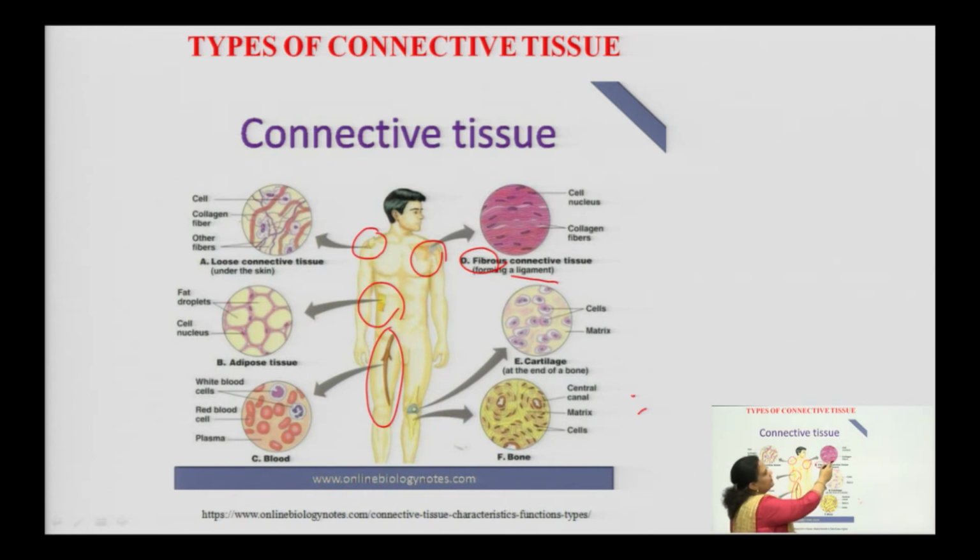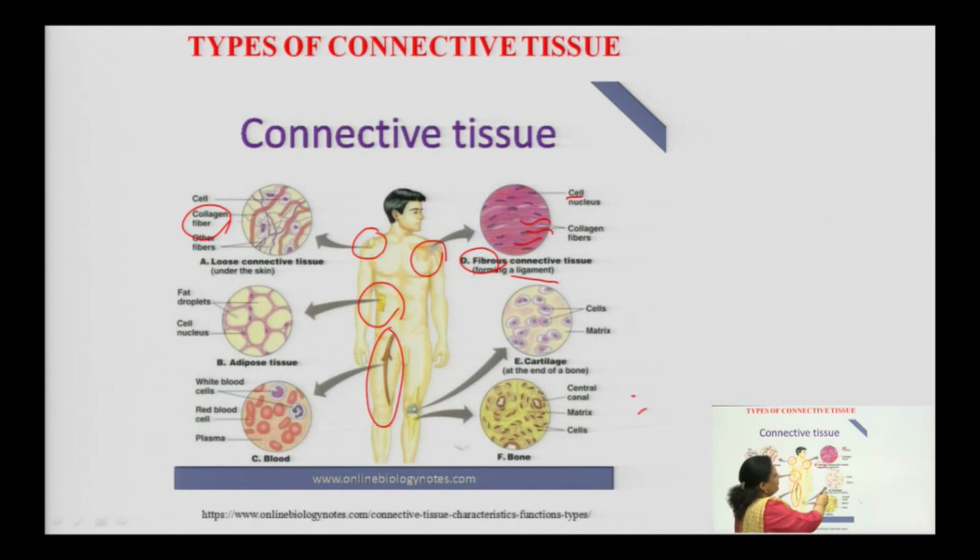See the diagram, students. The fibrous connective tissue is composed of the same cells, as in every tissue, with a nucleus, and the collagen fibers are present, same as in the loose connective tissue. Here also you have the collagen fibers.